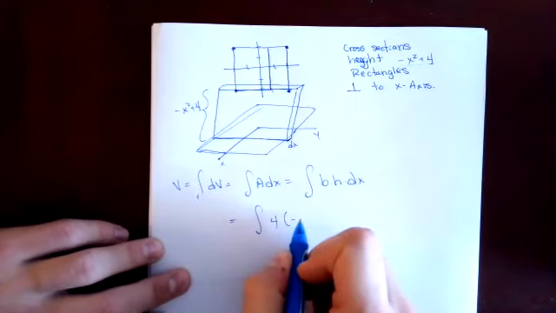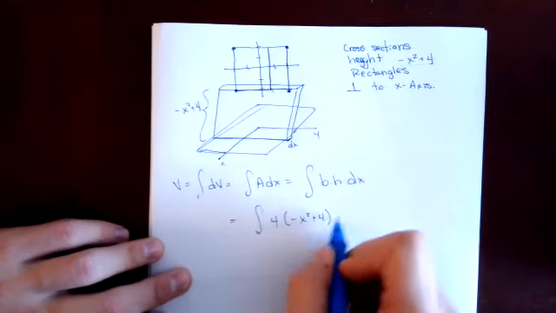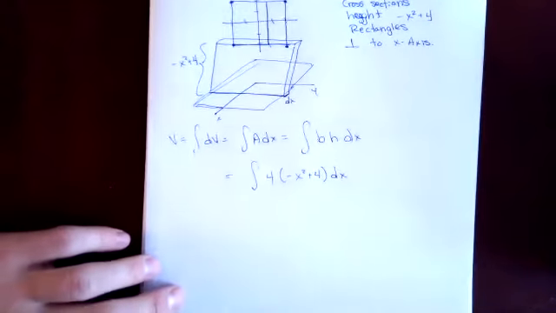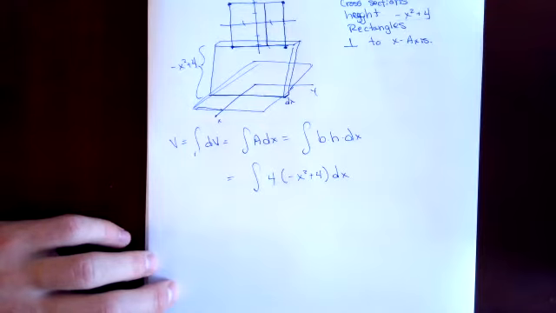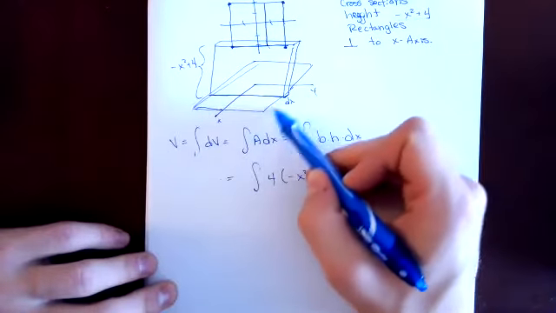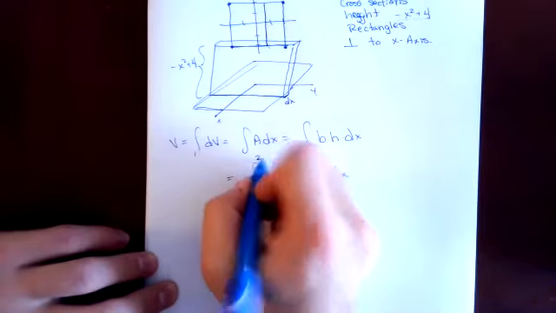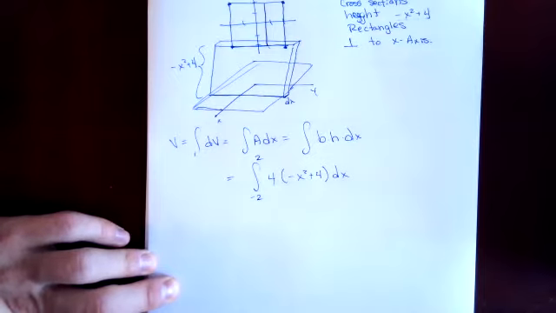They give us the height, minus x squared plus 4. And then the bounds. Bounds are where are we integrating along the x-axis? Minus 2 to 2. So nothing fancy with that guy.